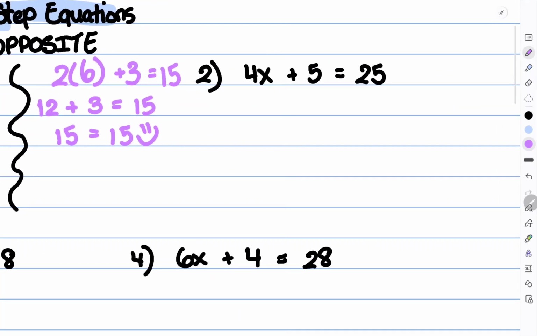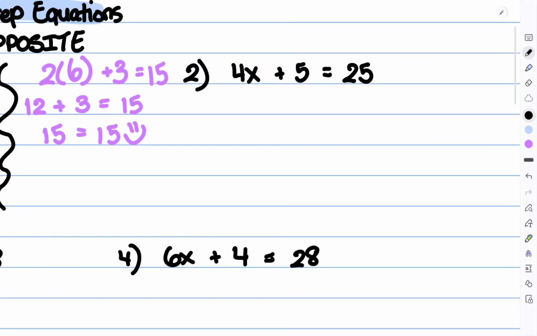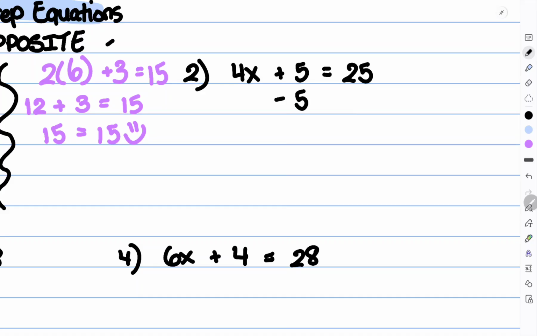Now let's do number 2. We have 4x plus 5 equals 25. What's our floater here? Our floater is 5 because it's just by itself, not with any number. We remove it by subtracting 5 because we are doing the opposite of adding.